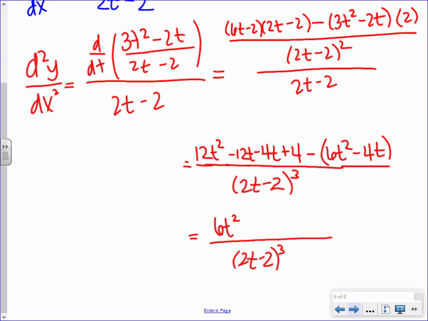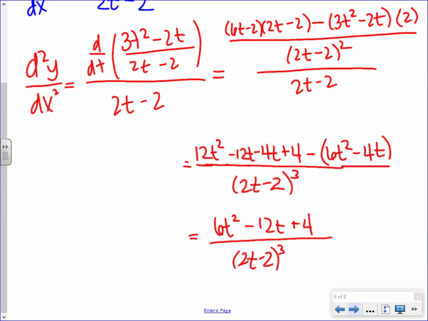So we have 6t squared minus 12t plus 4. Okay. And we can factor out a 2 in the numerator, but it's not going to help us simplify it, so I would just leave it like that.